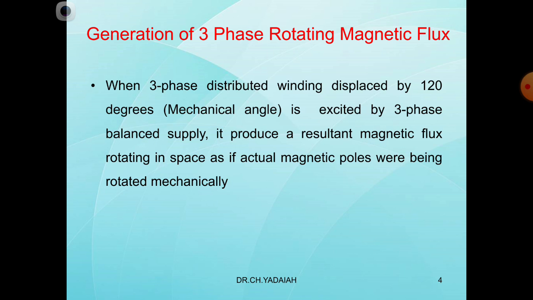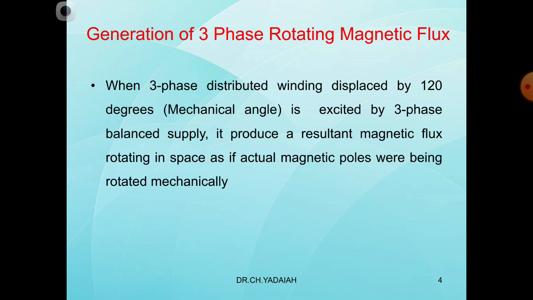Now, when DC supply is given to the rotor, it produces its own magnetic field, but this magnetic field is stationary because it is a concentrated winding. Then what happens? There is an interaction between the rotor magnetic field and the stator magnetic field.